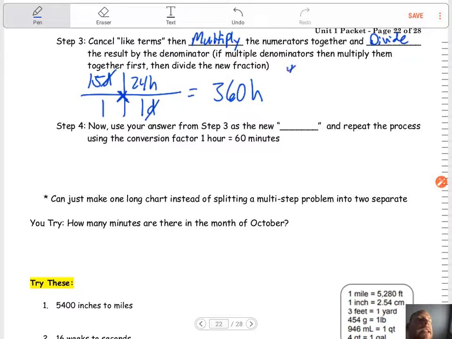Just a side note, since 24 hours and 1 day are equivalent, all you're actually doing here is multiplying 15 days by a factor of 1.